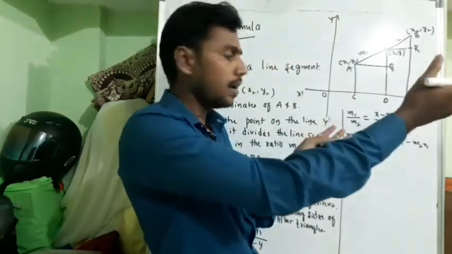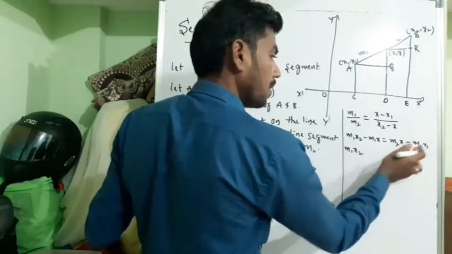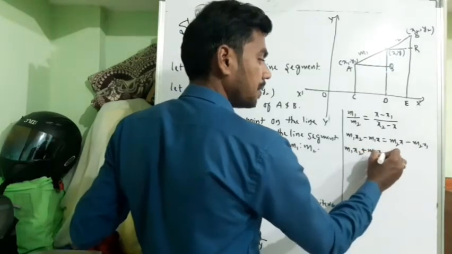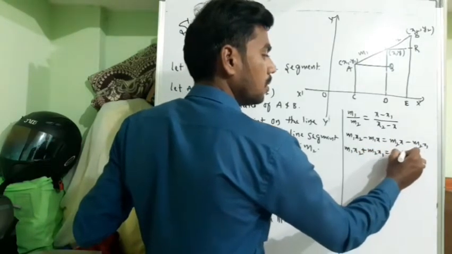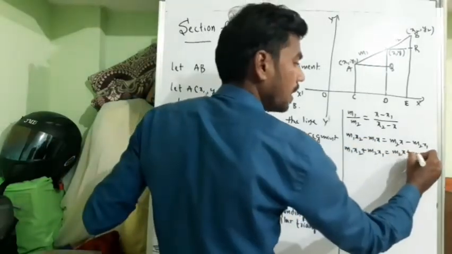All x on one side and x1, x2 on the other side. So m1 x2, I'll take it to the left hand side, that is m2 x1, then m2 x, this I'll transfer to the right hand side, that is m1 x.